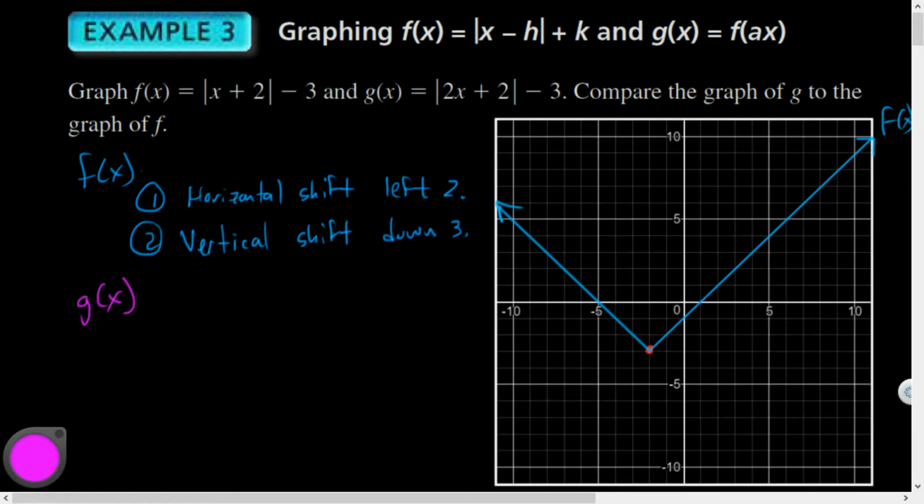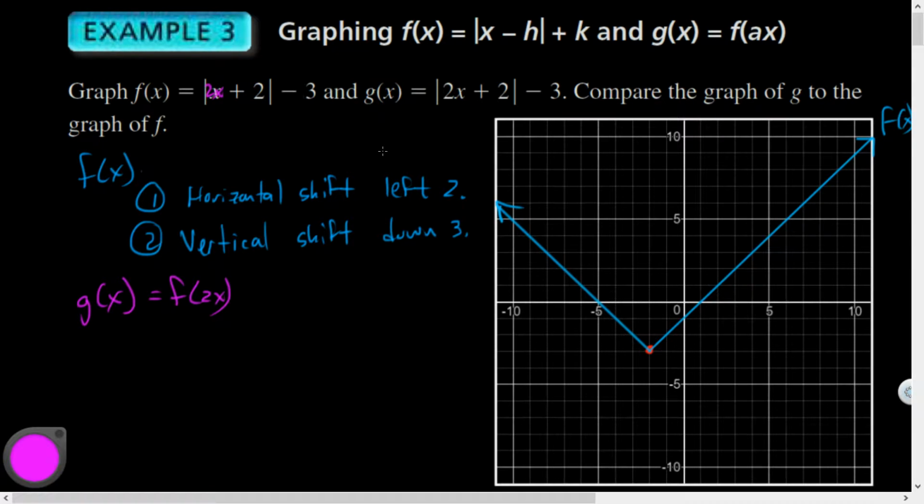So anyways, g of x, you could argue, is the same as f of 2x. All right? Because if I took function f and replaced x with 2x, wouldn't that be the same thing as that?